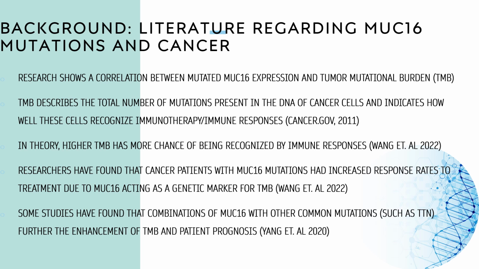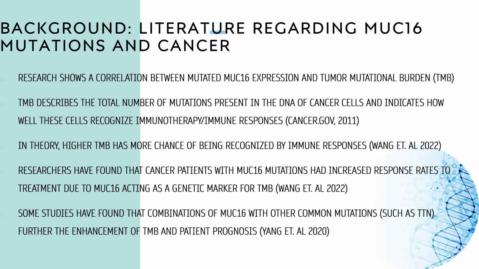This tumor mutational burden describes the total number of mutations in the DNA of the cancer cells in the genome, and it indicates how well cancer cells will actually respond to immunotherapy and immune responses. So this is important because immunotherapy is better able to recognize cancer cells that have this high tumor mutational burden, which indicates that cells that have a high tumor mutational burden will actually respond better and often result in better prognosis for the patients.